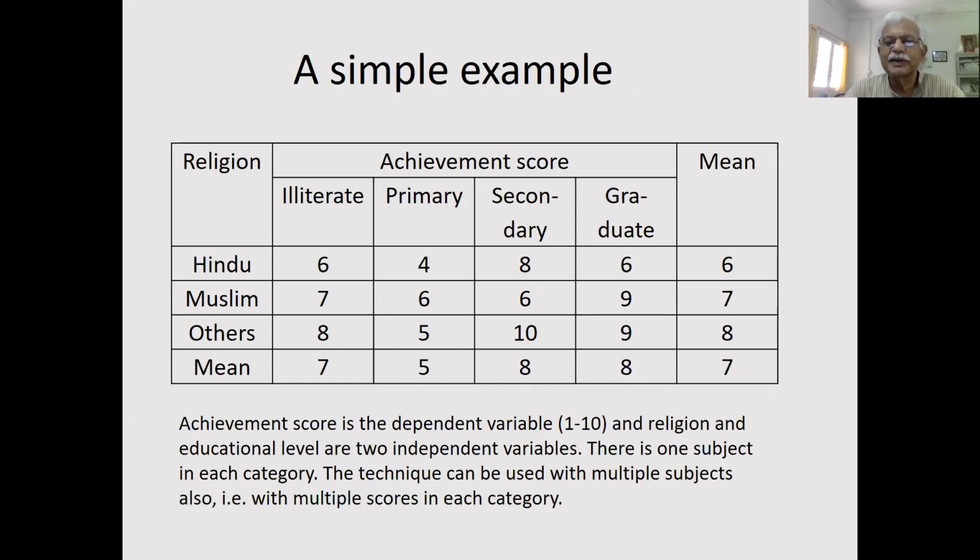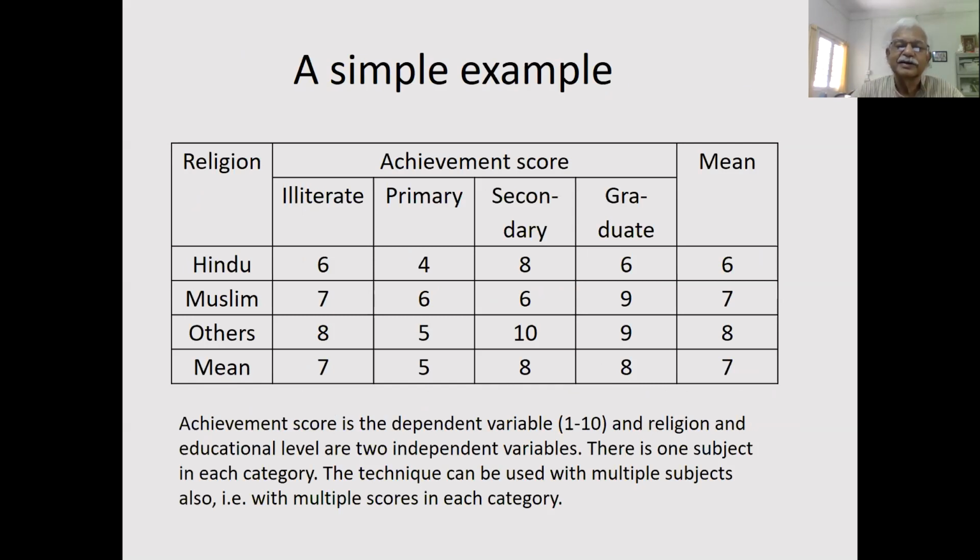In this example, the dependent variable is achievement score. Data may have come from a survey or from a small experiment. And there are 3 categories of religion and 4 categories of education. Religion categories are Hindu, Muslim, and others. Categories of education are illiterate, primary, secondary, and graduate.